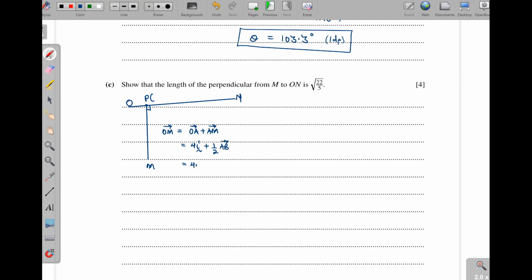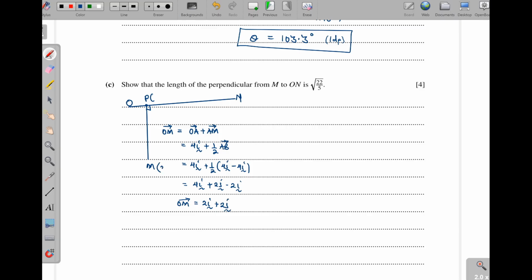Then this is 4I plus a half AB, which is OB, that is 4J, minus OA, which is 4I. Now, meaning you have 4I here, plus 2J minus 2I. So my OM is going to be 4 minus 2, that is 2, so it is 2I plus 2J.